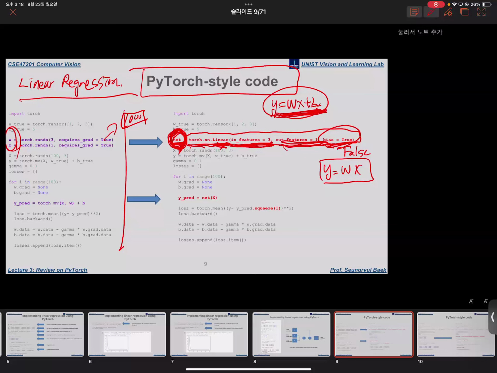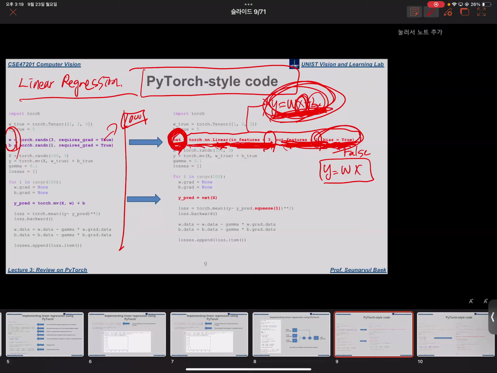But normally we use a linear equation which has a bias. This is called the bias. And as I told you, the input has a three-dimensional vector, so the input feature dimension is 3, and the output feature dimension is 1. By specifying the input dimension, the output dimension, and whether we will use bias or not, this linear operation can be defined in PyTorch.